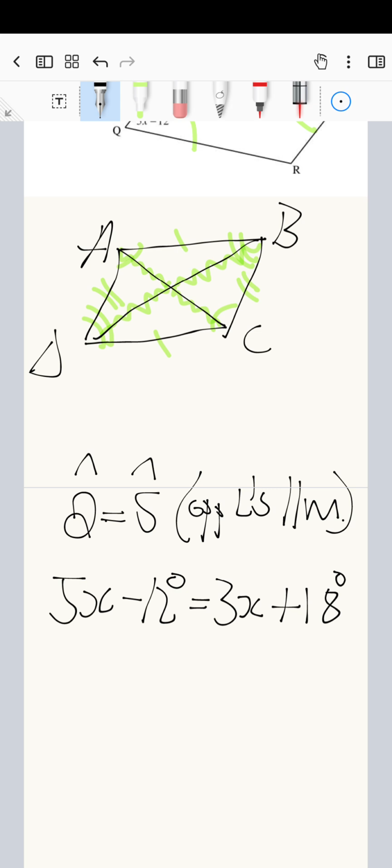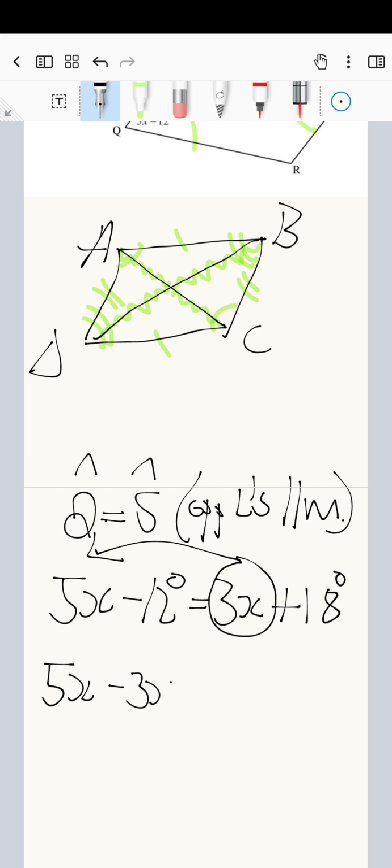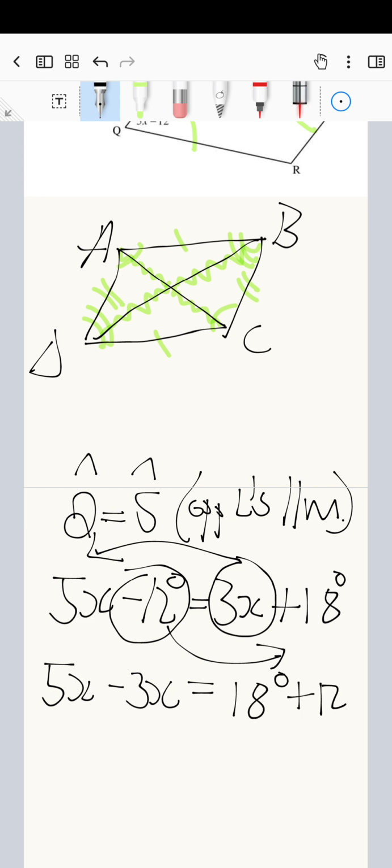We're going to get all the x's to one side, and all of our constants to the other side. So we are going to subtract 3x on both sides. So we will have 5x minus 3x. And this negative 12, we're going to add 12 on both sides. So we will have 18 degrees plus 12 degrees.